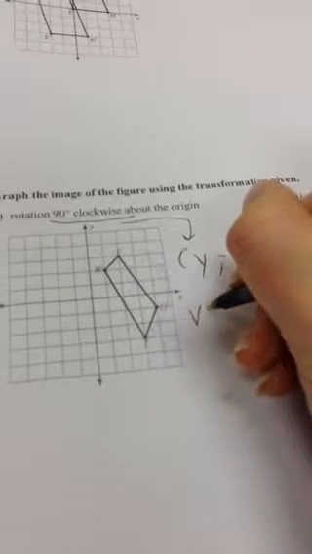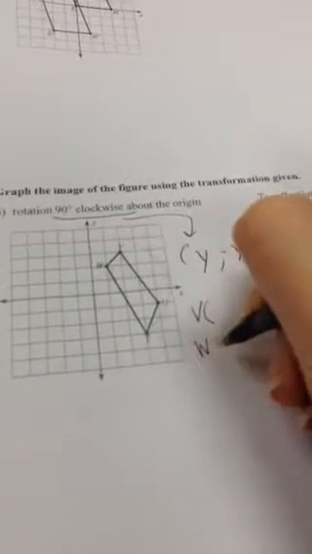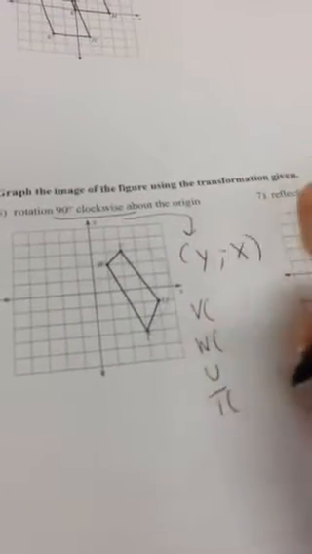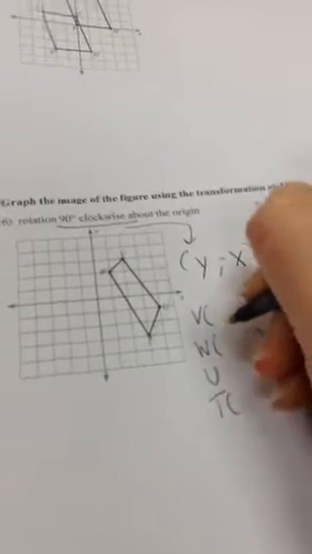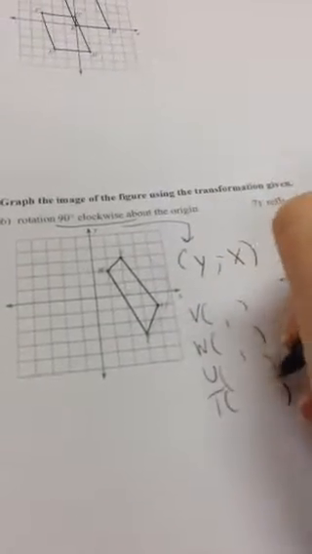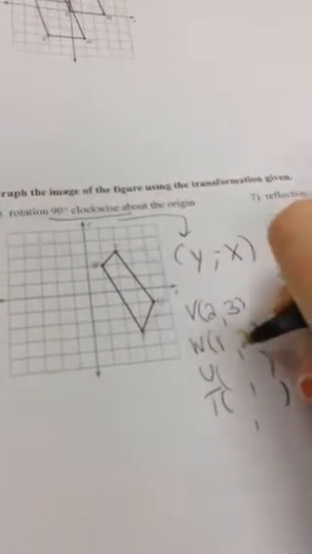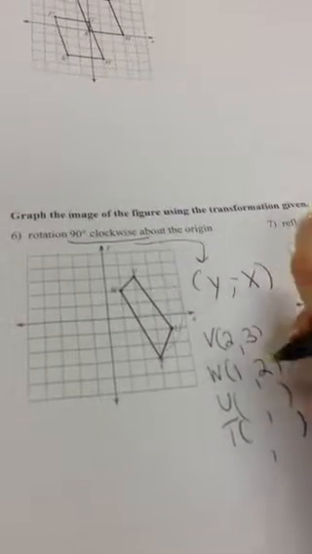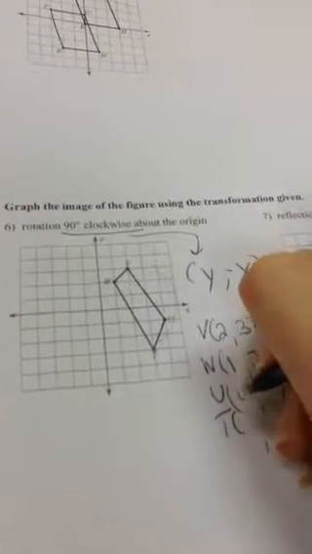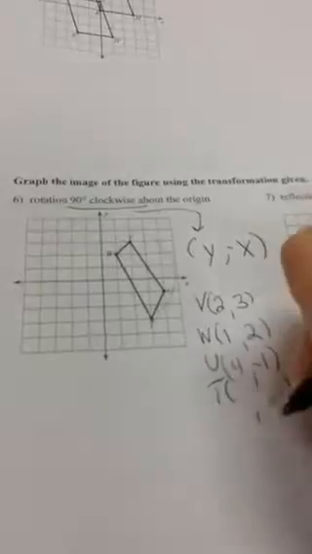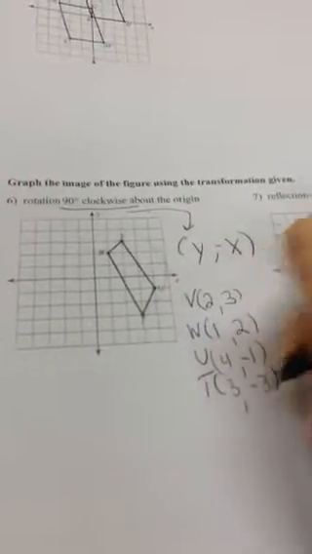So my V, W, U, and T, I need to know what those points are first. So V is 2, 3, W is 1, 2, U is 4, negative 1, and T is 3, negative 3.